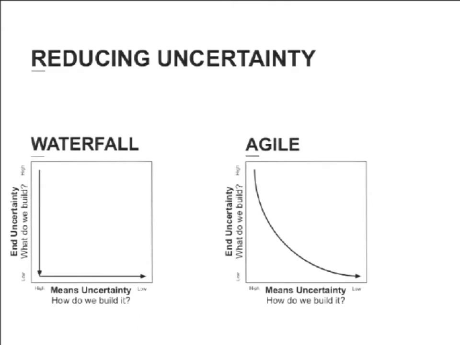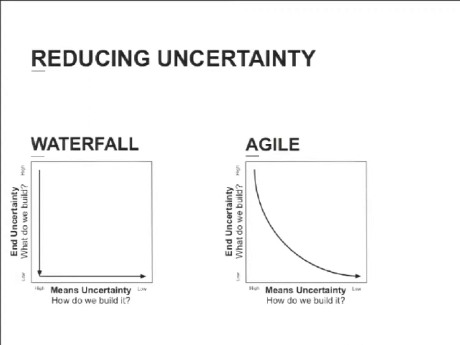Now, in every project, when you start something, there are some uncertainties, and there are 2 basic uncertainties. One is the uncertainty of what it is that we want to build. What is the product that we want to build? The other uncertainty is, how are we going to do that? So in Waterfall, they aim to reduce the end uncertainty at the start of the project.